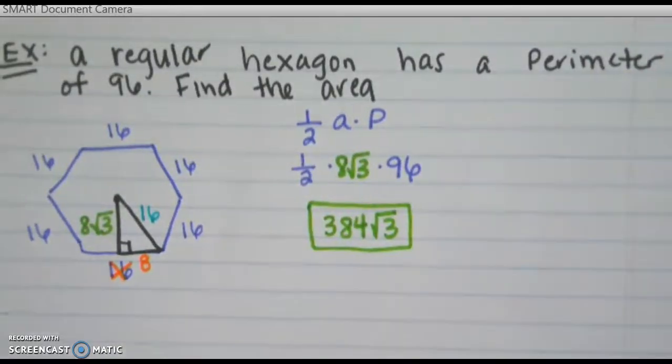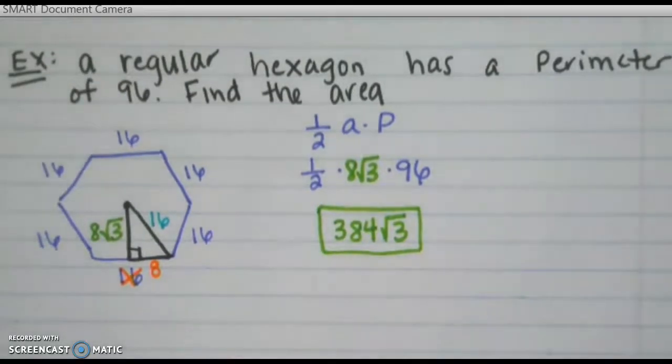You can obviously multiply and it will give you a decimal, but 3 is not a perfect square, so that's going to be an irrational answer. And so a lot of times, instead of rounding it, we just leave the square root part alone. So it almost looks like you have a coefficient. All right, but again, this rule is for regular hexagons only.